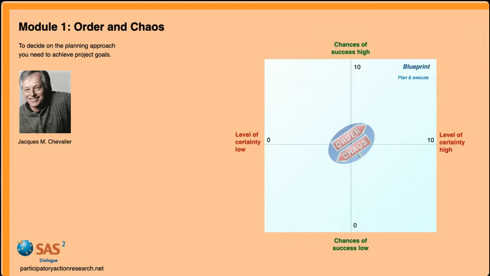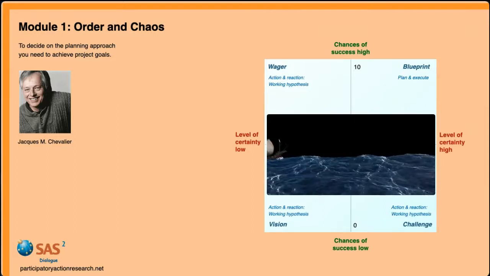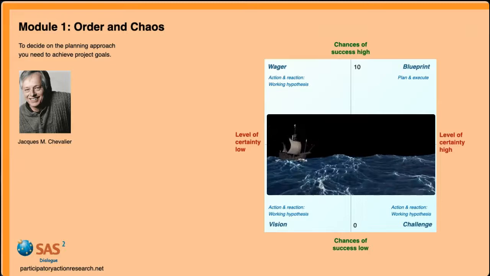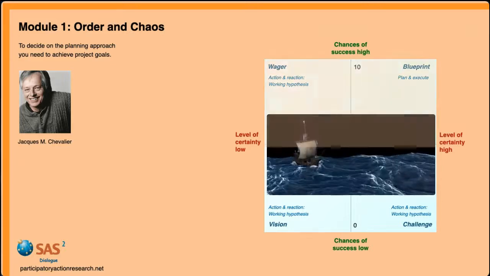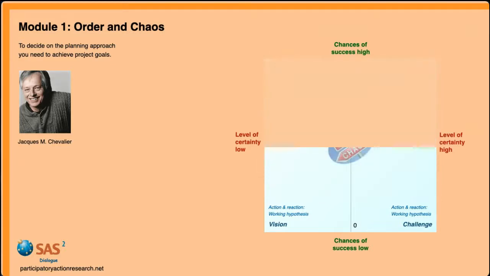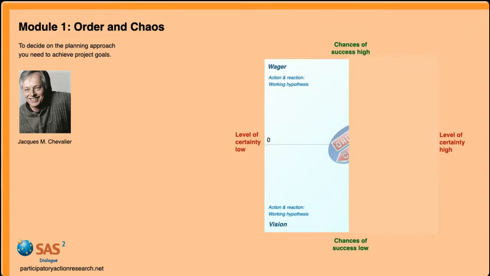The other quadrants of the diagram call for a different approach. They involve some degree of chaos and messiness, like a ship steering through darkness or troubled waters. A score in the two lower quadrants means that there are serious obstacles to overcome along the way. A score on the left side of the diagram means that people are not all that well informed about the conditions and factors affecting their project.